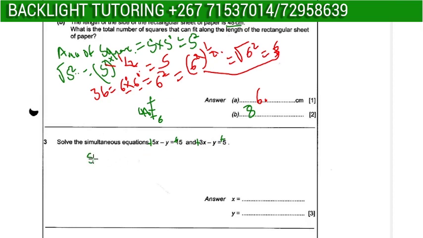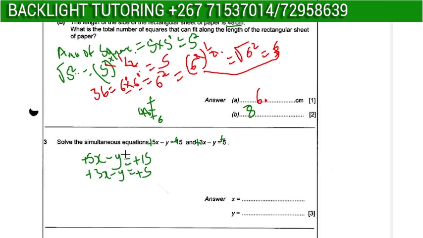We're going to say plus 5x minus y equals plus 15, and then we have plus 3x minus y equals plus 5.